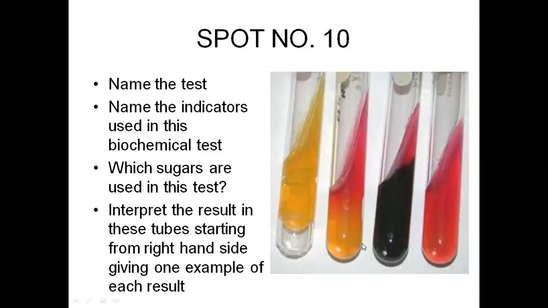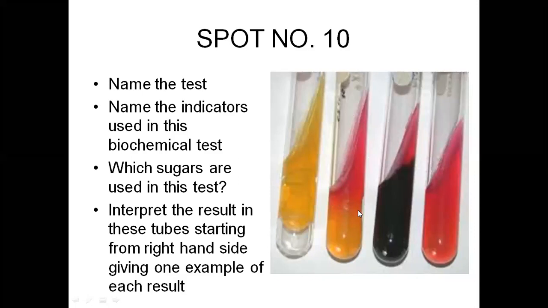So in our second interpretation, the butt is yellow, but the slant is pink, because there is an acidic environment from the fermentation of one sugar in the butt, but there is oxidation of the byproducts because of the presence of oxygen, which cannot penetrate the butt, on the slant.